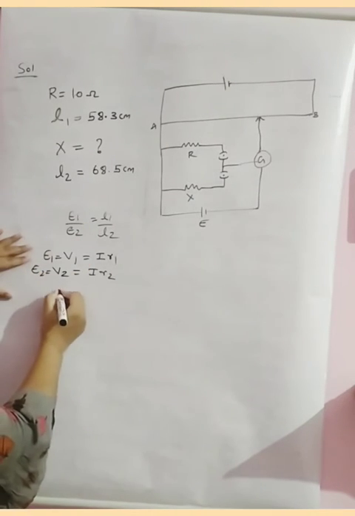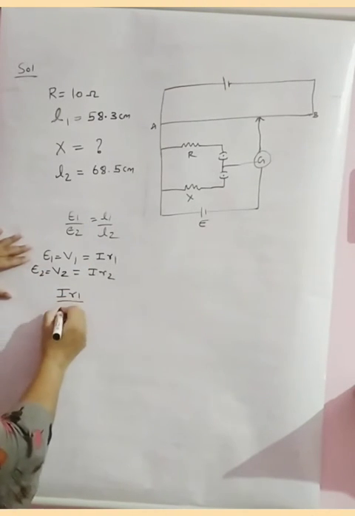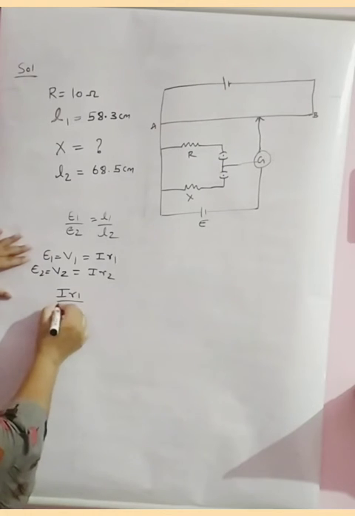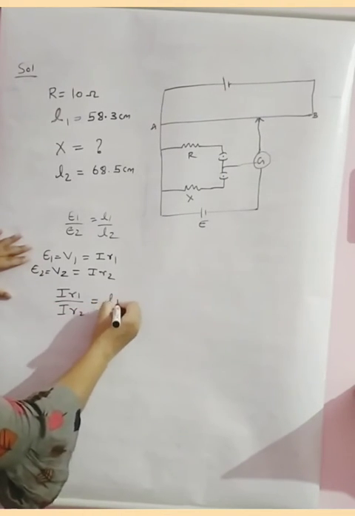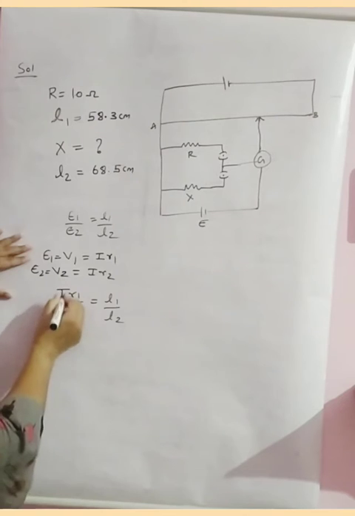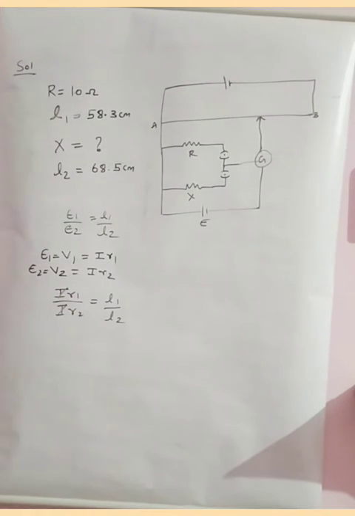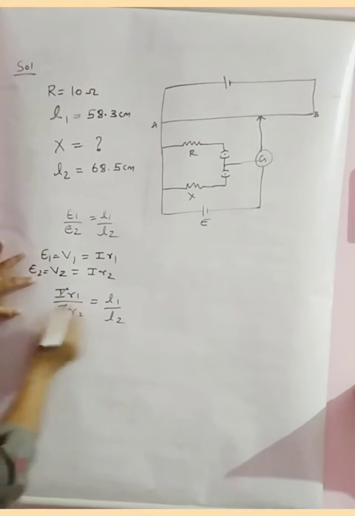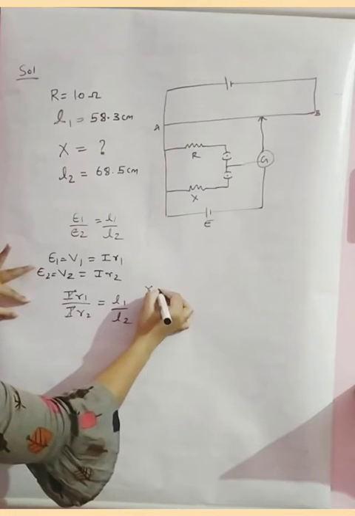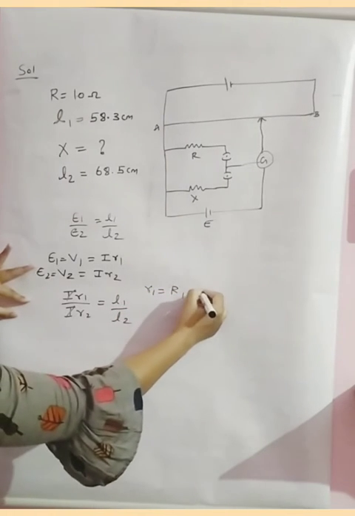So I am going to substitute this value. I R1 upon I R2 is equal to L1 upon L2. I cancels. Here R1 is nothing but the resistance which we have given in the circuit. So what is my R1? R1 is nothing but capital R, and what is my R2?